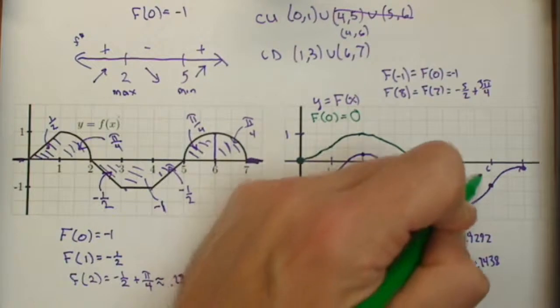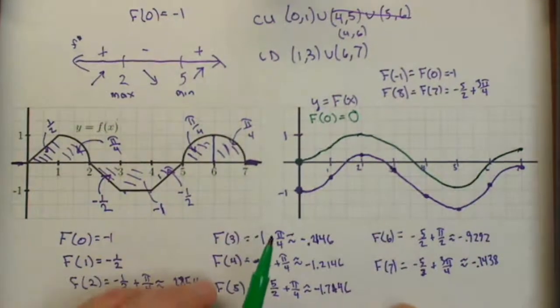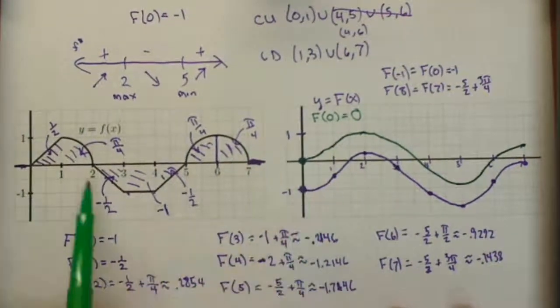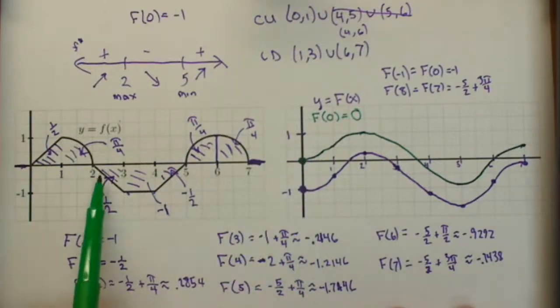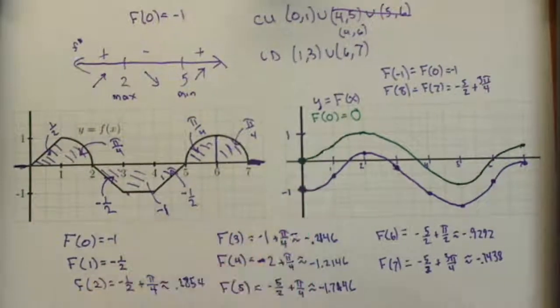So changing our initial condition is going to vertically shift our graph up and down in this particular case. Because all the changes are still the same. Both these functions, the green and the purple, have the same derivative, but they are different functions. They differ by a constant. They differ by that initial condition.